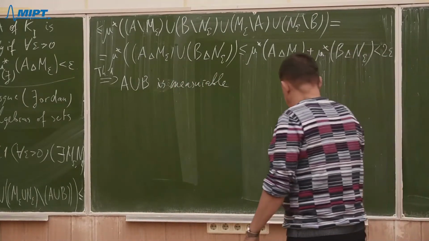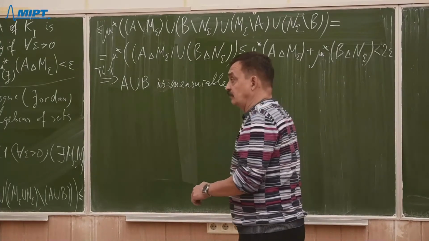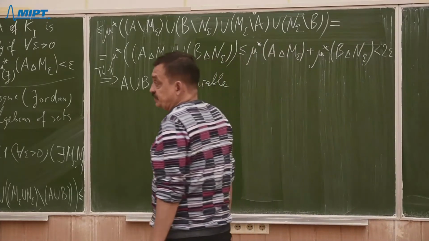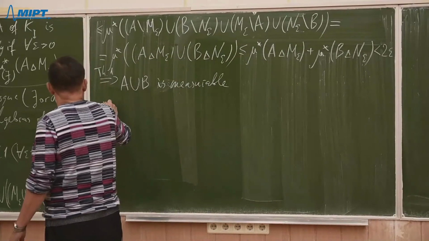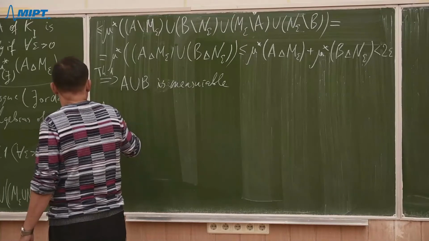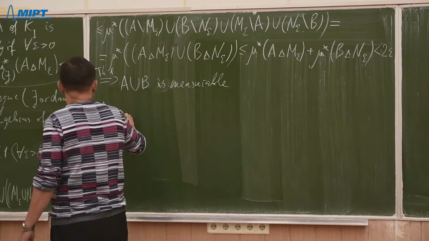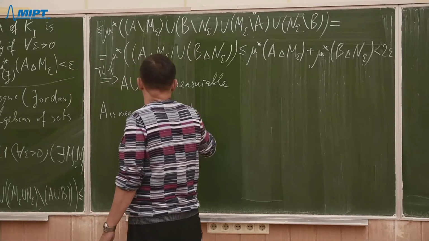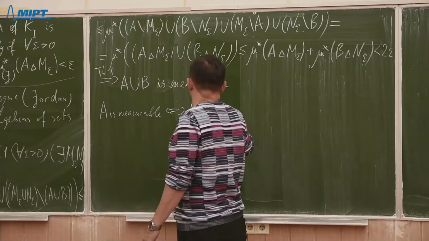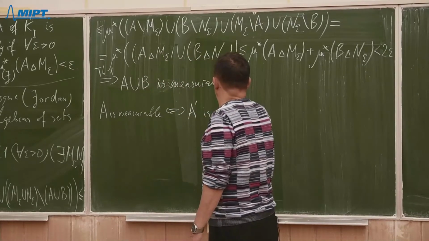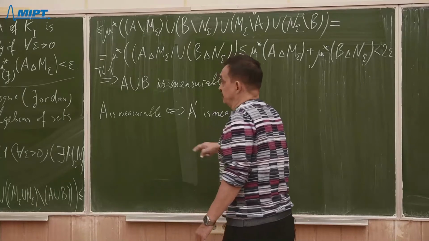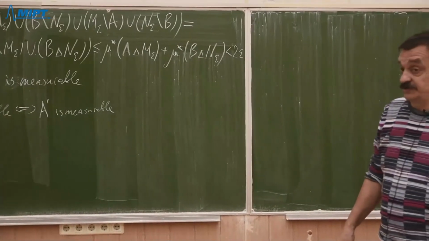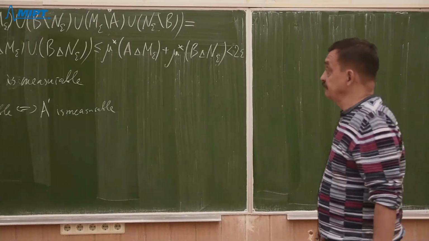Okay, then for the intersection, we know that A is measurable simultaneously with its complement to the unit cube Q. We know it by the definition, in fact, of measurability.